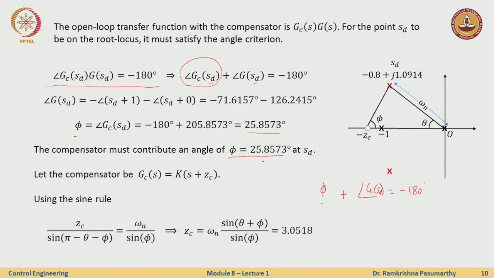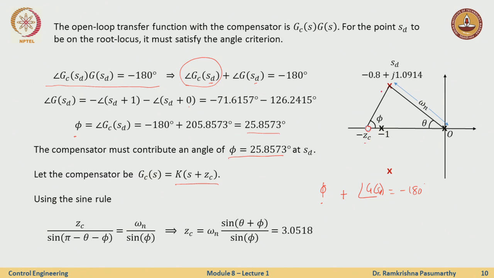Now, let me just assume, without worrying about whether I can realize this compensator or not, let me do some analysis before I have a constructive way to determine how the lead compensator looks. So let us say my compensator is just a proportional plus derivative controller with the same constant. Let me assume that I put my 0 at some arbitrary location z_c, and this is what I have to find out.